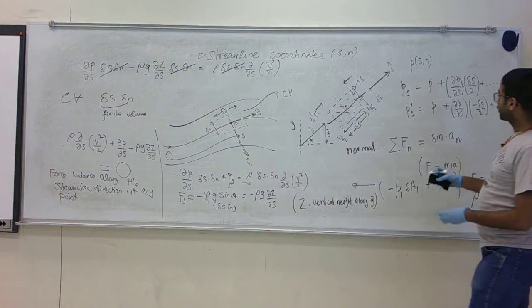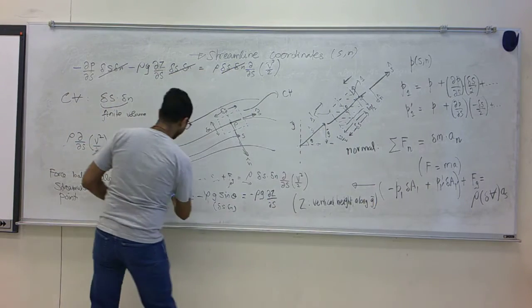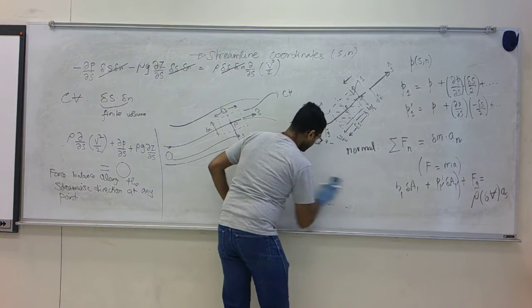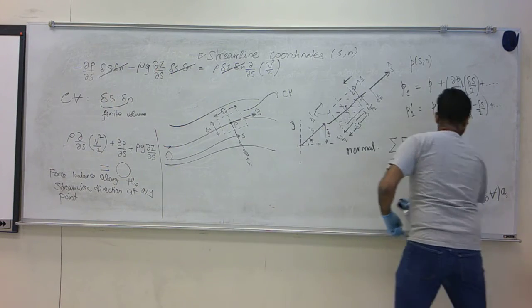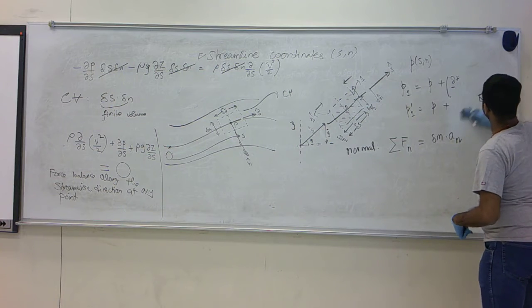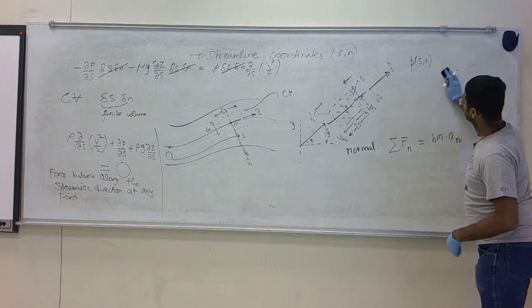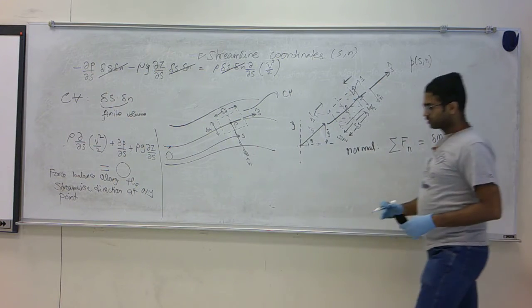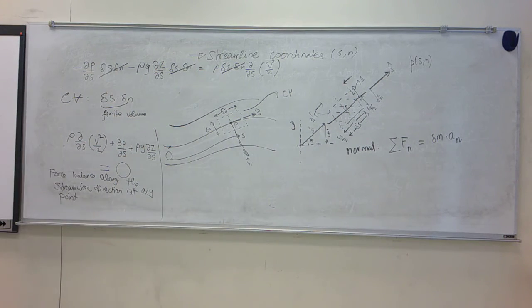So we're going to save some time. I'll remove everything that's not essential. Okay, we'll write this force balance and skip ahead to the part where we have the normal component listed.